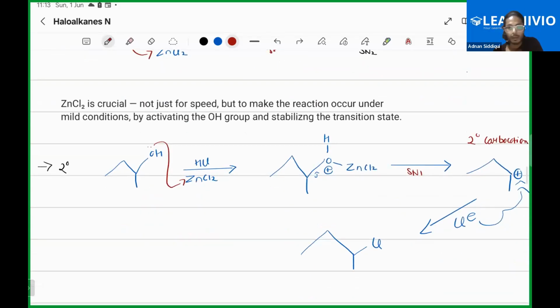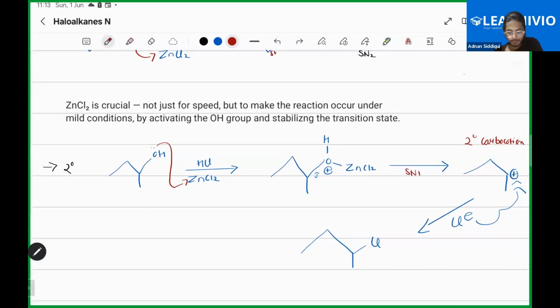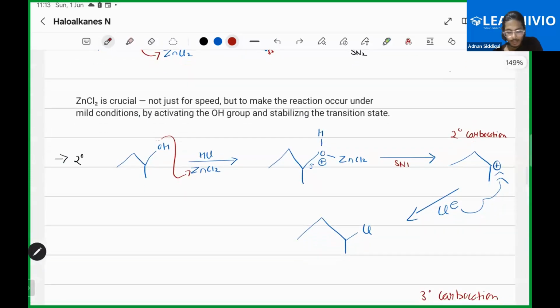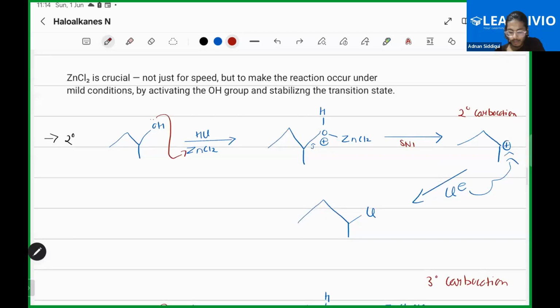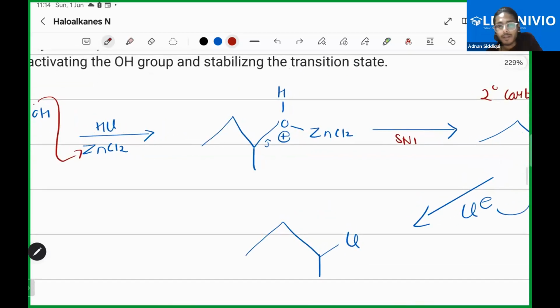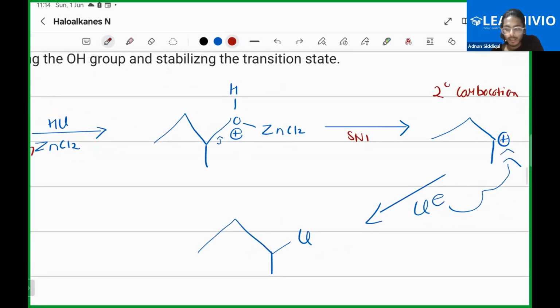So, for 2 degree, what will be the case? Again, this will attack on the ZnCl2 and form this complex, and if I am having a 2 degree carbocation, generally we will go through the SN1 mechanism. If I am talking about SN1, I will always observe the formation of carbocation.